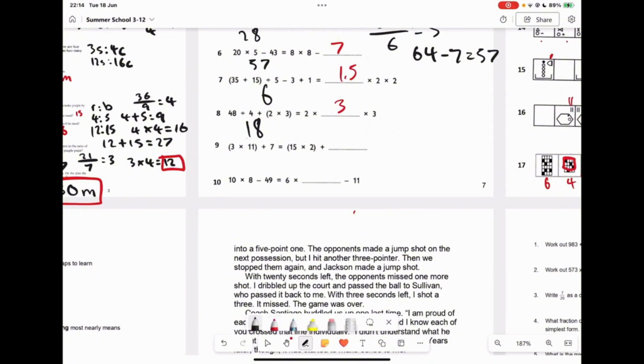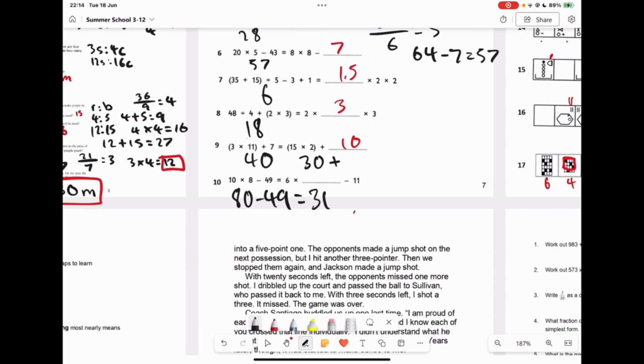Okay. 3 times 11 is 33, plus 7 is 40. So then 15 times 2 is 30, plus something, which will be 10. Then we do multiplication before subtraction. So 10 times 8 is 80, minus 49. So 80 minus 49 is equal to 31.